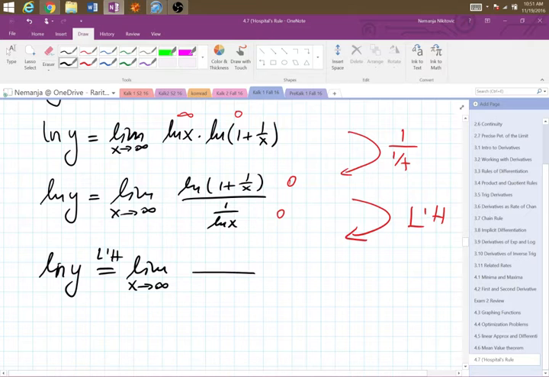So 1 plus 1 over x, and its derivative on top, 1 over x squared, and on the bottom here, what's the derivative?